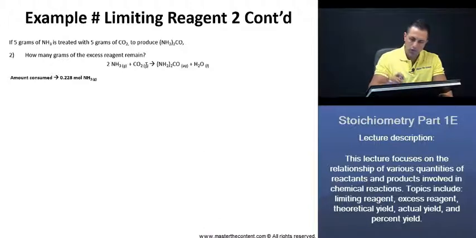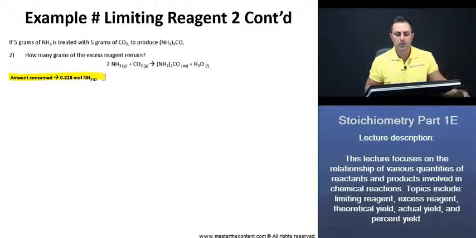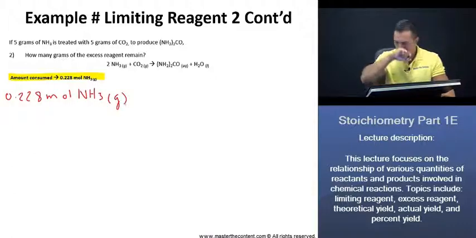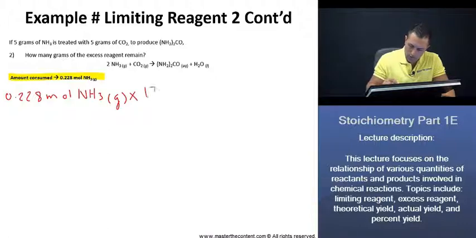Now, this is where we left off. We said that we had 0.228 moles of ammonia that were consumed. Thus, if we begin with the 0.228 moles of ammonia, we can use now the molar mass, which we know is going to be rounded to 1 decimal place again, just for simplicity.